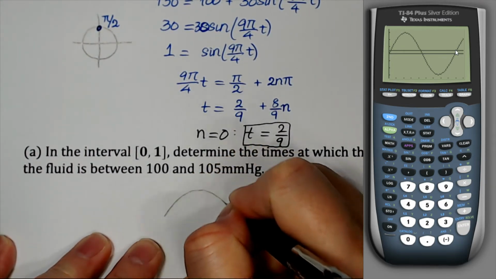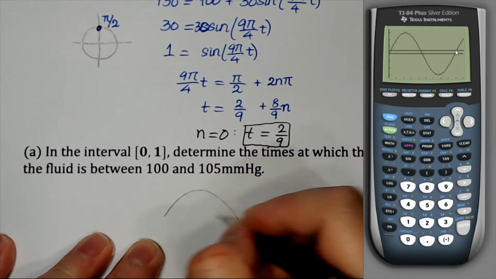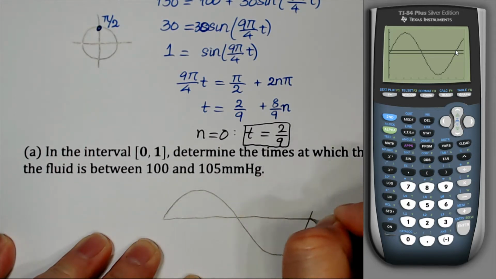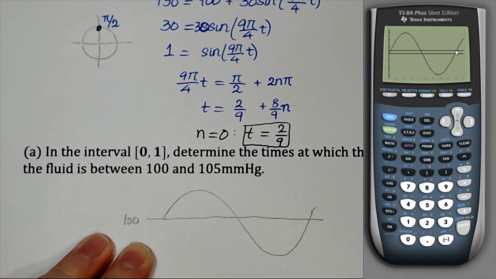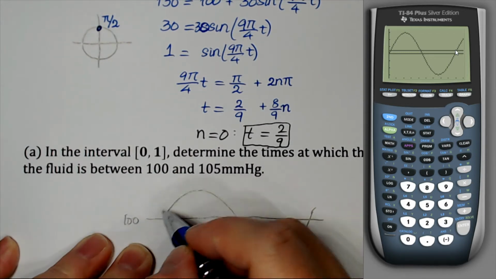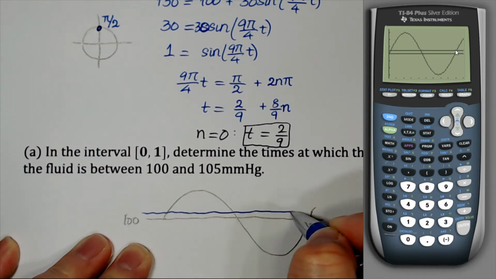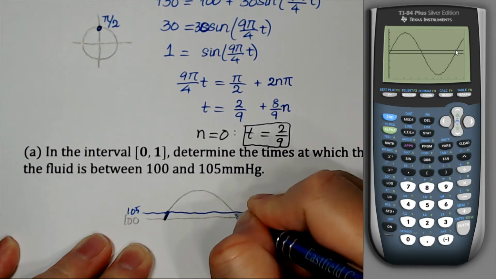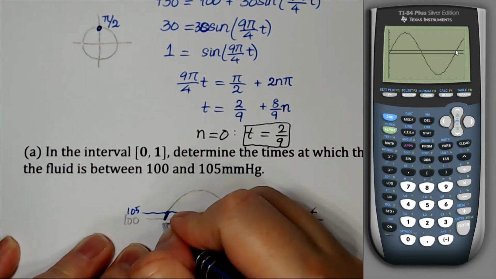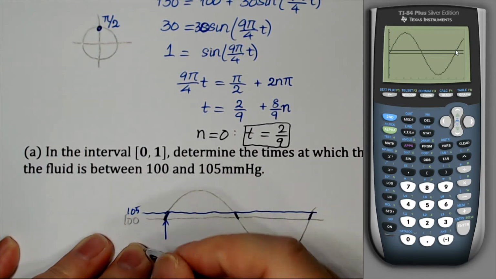So quickly, let's sketch the graph. We have something like this. That is 100. And then we have 105. So for the answer, we only have this part of the graph. We know the first one is going to be equal to 0.